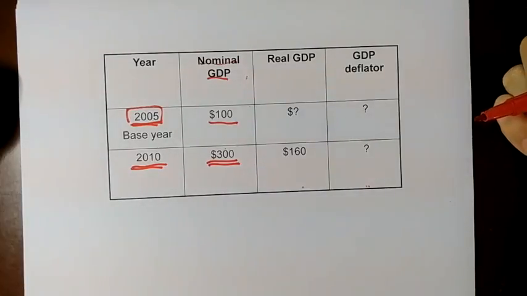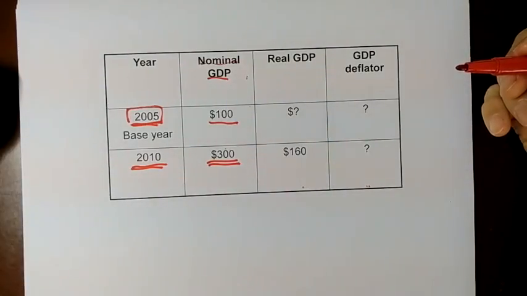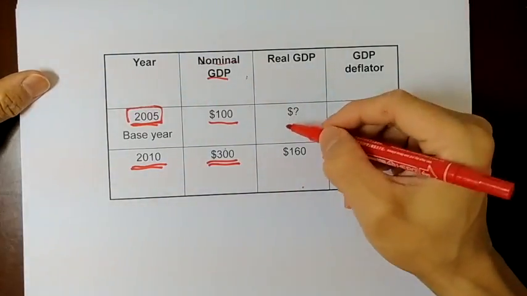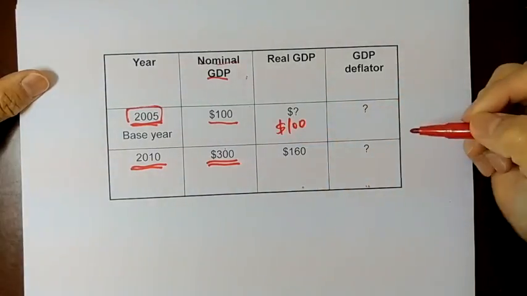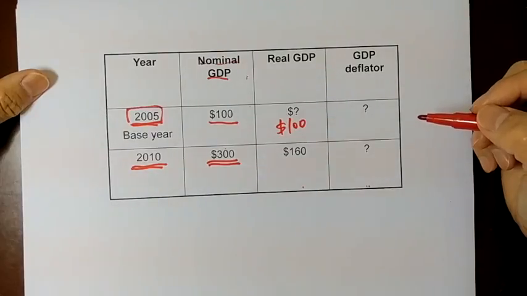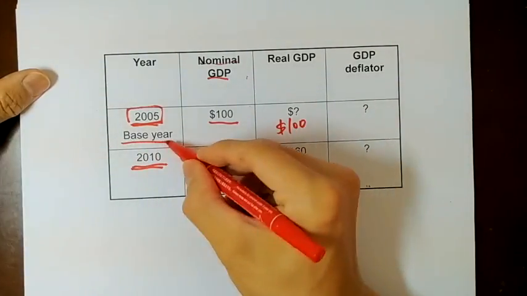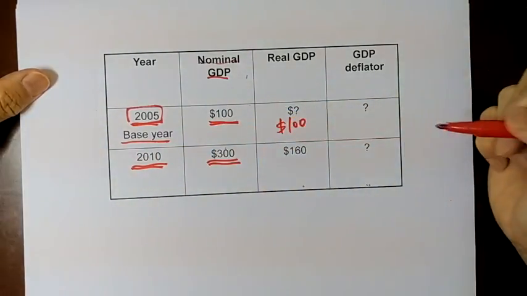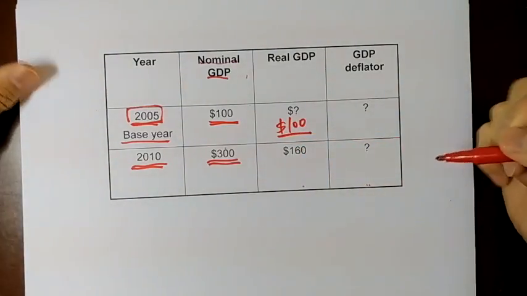Answer? The answer is 100. Why? Because in the base year, nominal GDP is equal to real GDP.